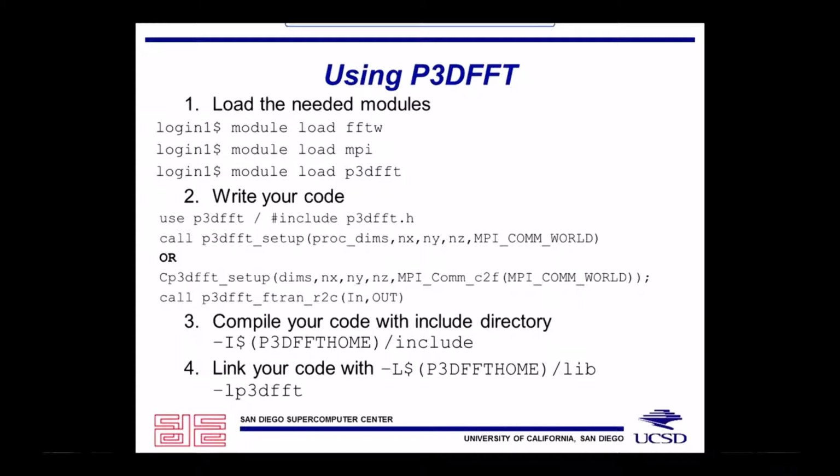Fortran and C have slightly different syntax, but it's all in the user guide. It's pretty straightforward. And then just call p3dfft_ftran, for example. That's a forward transform function, or there's also a backward transform. After you write your code, compile it with the include file and link the code with the library. Next slide.